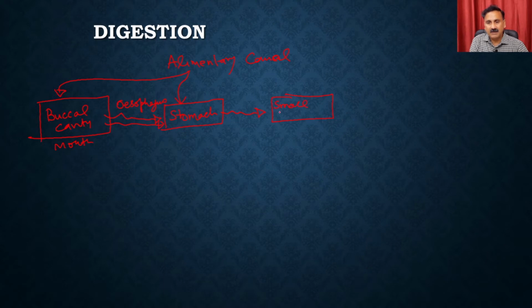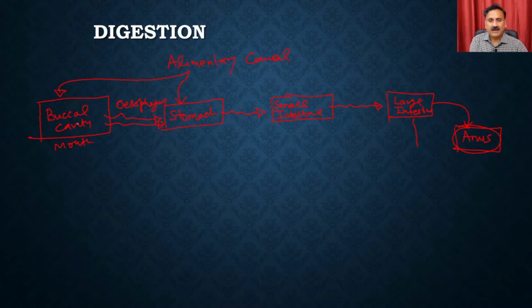That is the third chamber, where you are going to have the digestion and the absorption. Then from the small intestine, it enters into the large intestine, and the large intestine terminates into the last part, which is called the anus, or the rectum. So large intestine terminates into the rectum or the anus, which is the opening of the rectum.